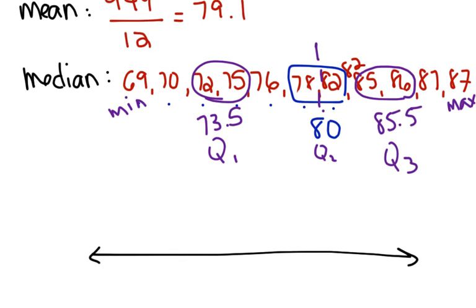For the number line, I'm going to start at 65, only because my minimum is 69. And since my maximum is 87, maybe I'll go up by 5s. There's no rule to how to do the tick marks. You can go up by 5s, you can go up by 10s, whatever makes you happy. So 65, 70, 75, 80, 85, and I'll go up to 90.